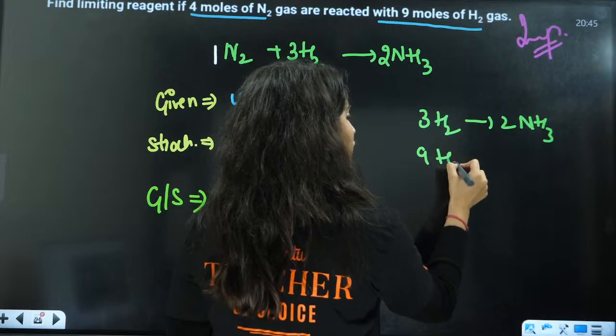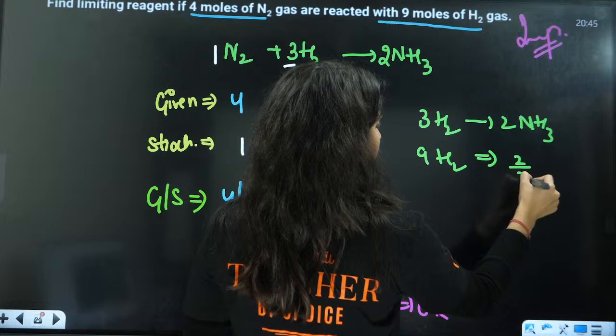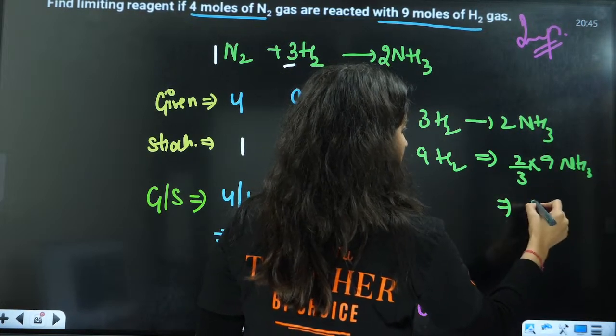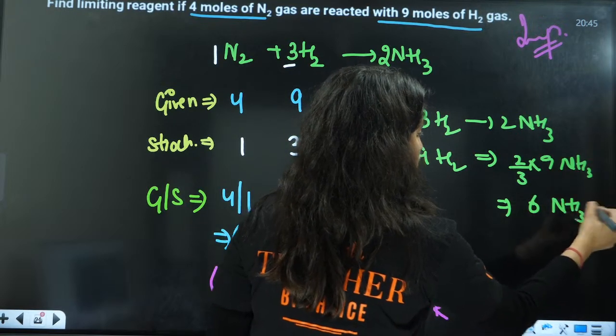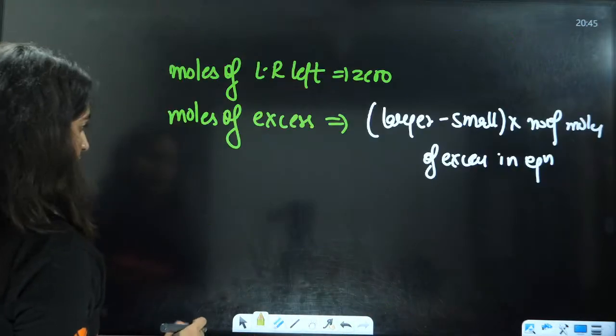So 9 moles of H2 will give 2 divided by 3 into 9 moles of NH3, that is 6 moles of NH3.